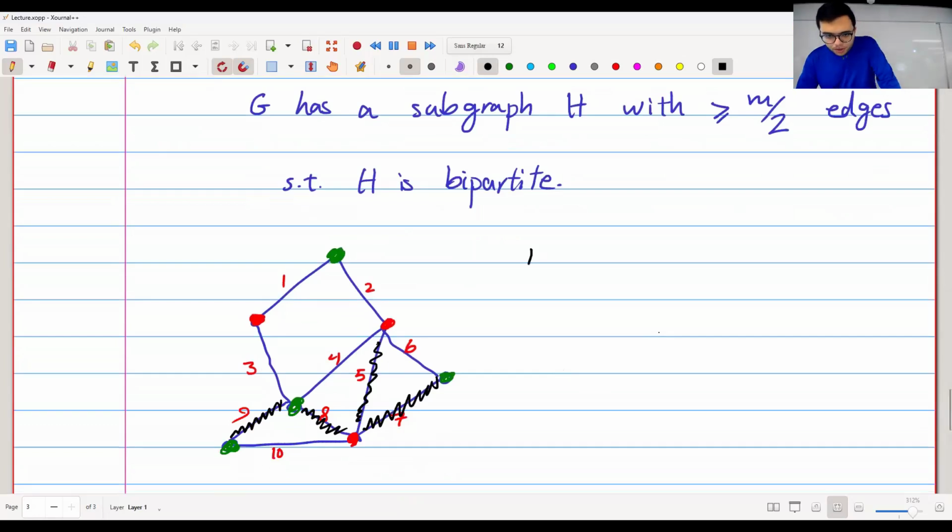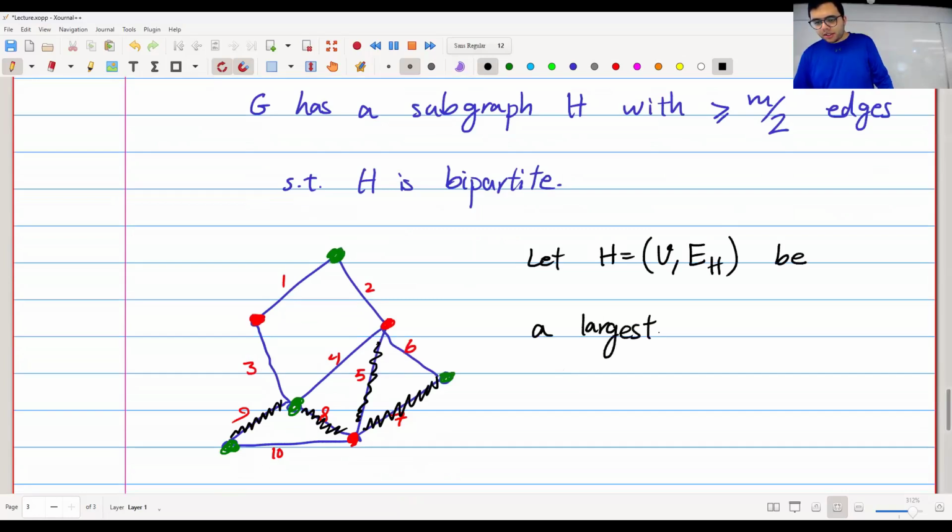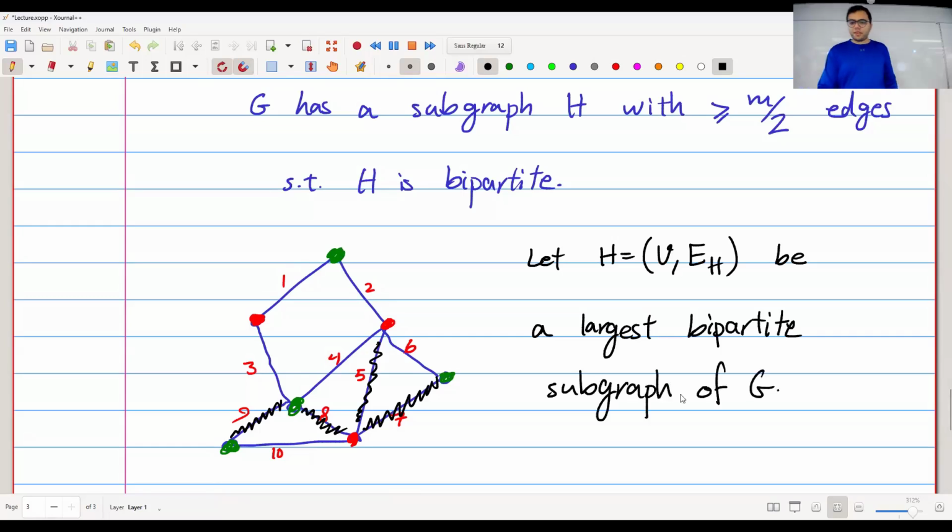Okay, so let H be a graph on the same set of vertices as V, but now I have a different set of edges. I say, let this be a largest bipartite subgraph of G.